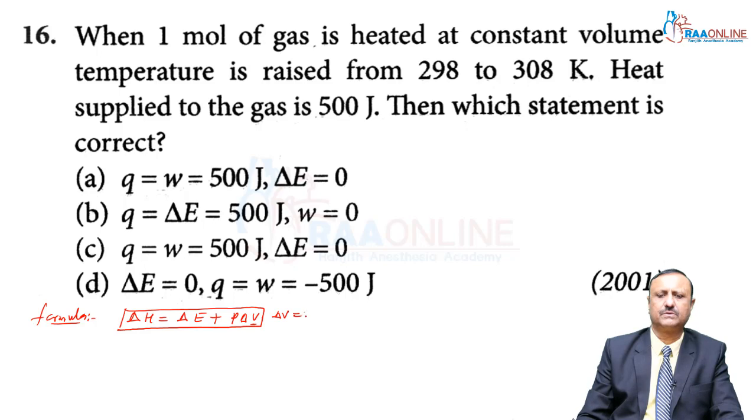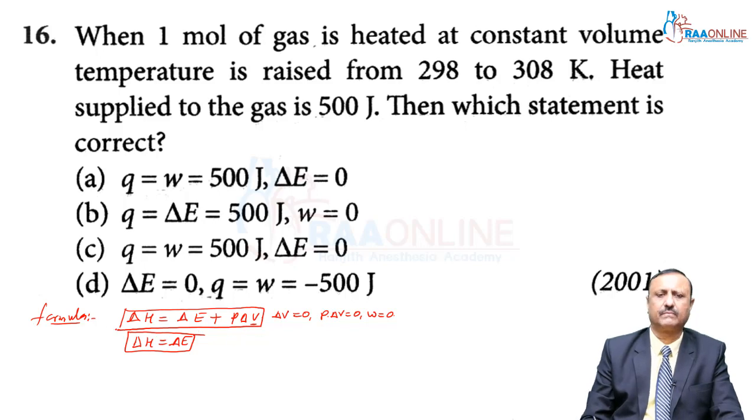Here delta V is equal to 0. When delta V is equal to 0, P delta V is equal to 0, and it means W is equal to 0. And when W is equal to 0, it means delta H is equal to delta E. Here you can get delta H is equal to delta E.